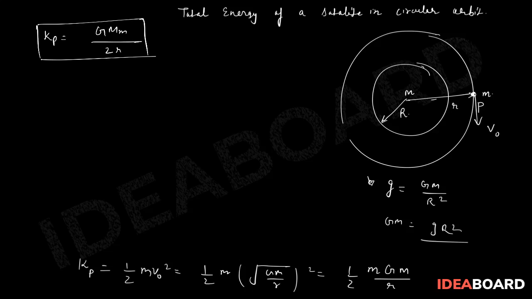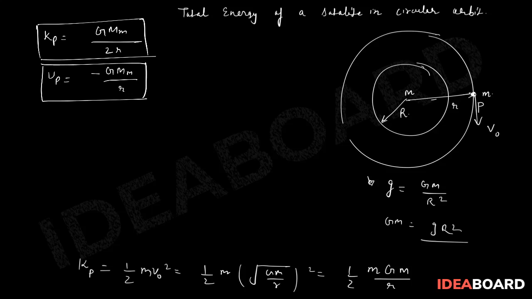Right. Now there is not only one energy, there is another energy: potential energy at point P. Potential energy will be given by minus G capital M small m upon r. Is that fine? We know that potential energy at any point will be minus G m1 m2 upon r.